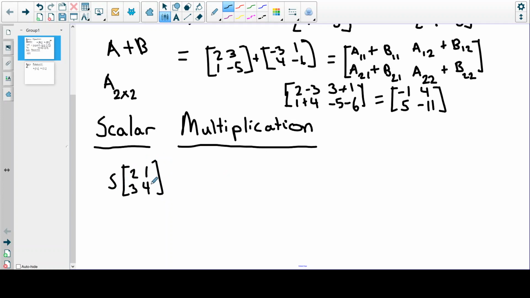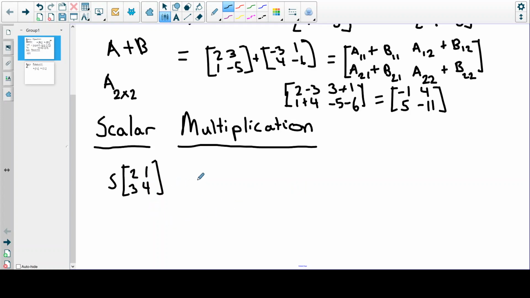This can be any matrix, and it can be in any dimension, so it can be a 3 by 2, a 3 by 3. I'm just using 2 by 2 because that's usually a great way to show how a concept works. But basically you multiply this number by every single element in your matrix.